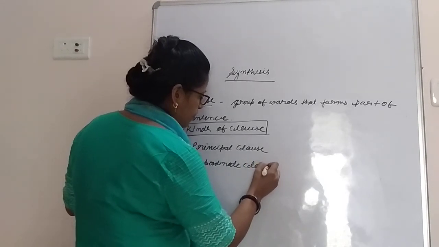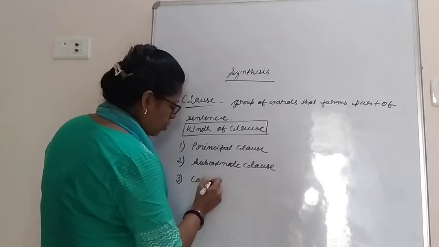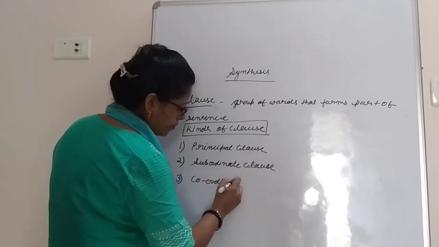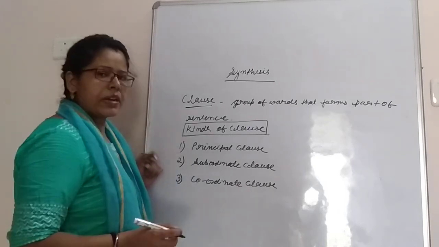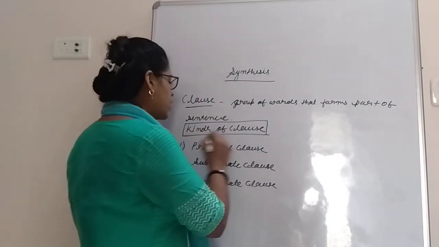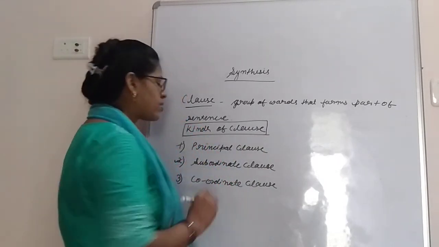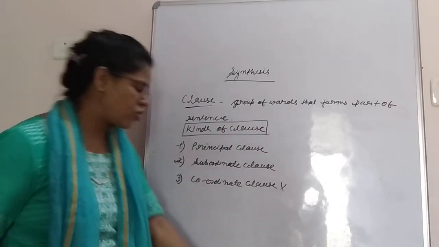And third one is coordinate clause. But basically we have to focus here only on two. The first one principal clause and second one is what? Subordinate clause.